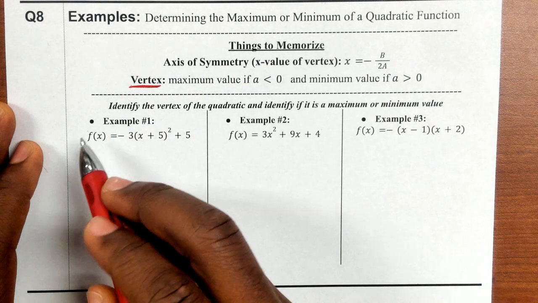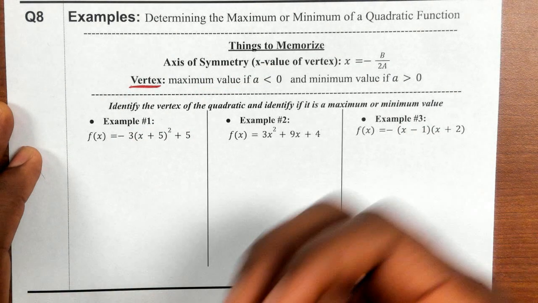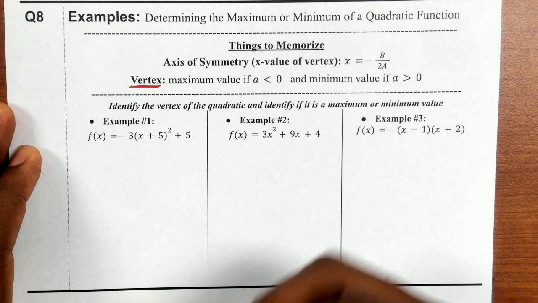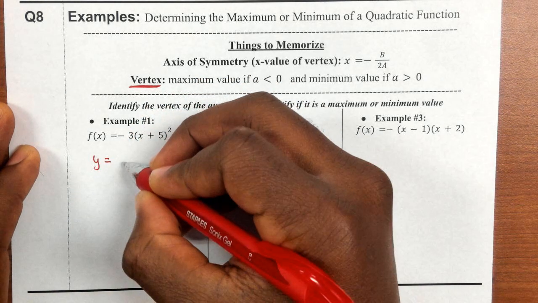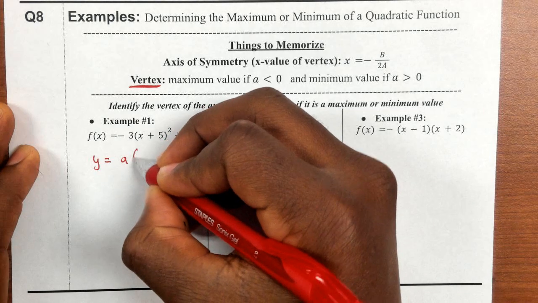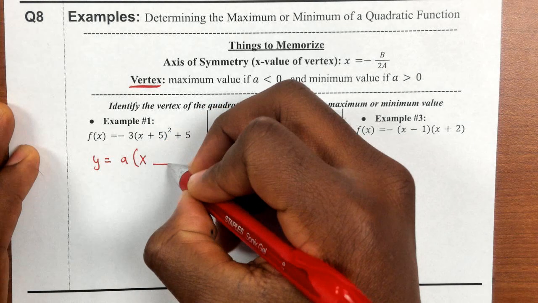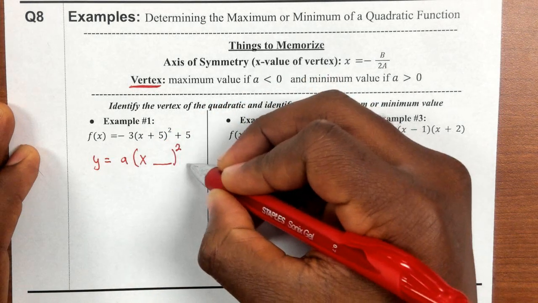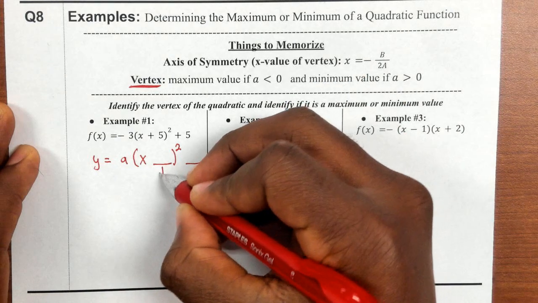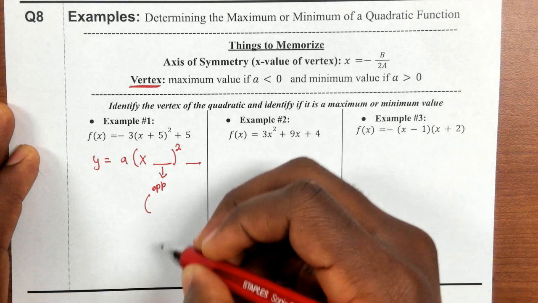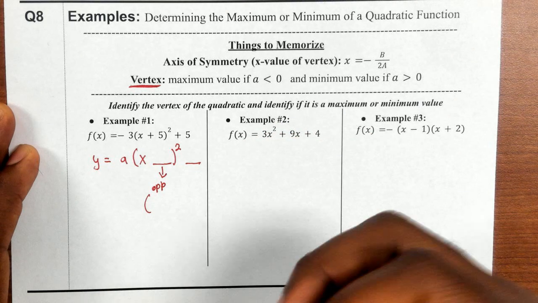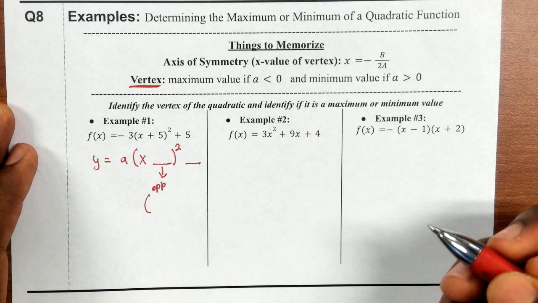Whenever you have vertex form, it's actually very easy to find the vertex. Whenever it's in the form y equals some leading coefficient, parentheses x plus some number, parentheses squared, plus some number, the number on the inside, when you do the opposite of it, will tell you the x value of that vertex.